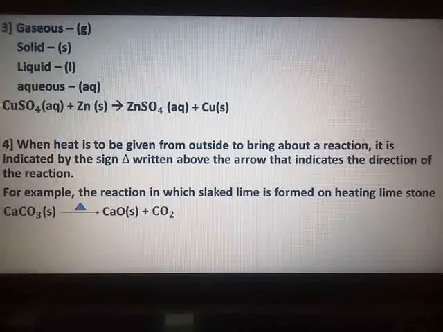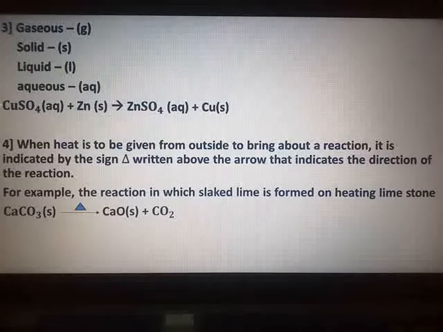The next step is that if you want to make the chemical equation more informative, as I have told you, if any recipe is shown to you on YouTube, then different ingredients which are required for that recipe are told to you, and that time they give you the proper quantity, the amount which has to be taken, and also the states are told to you, that you have to take the sugar in the powder form or different ingredients.